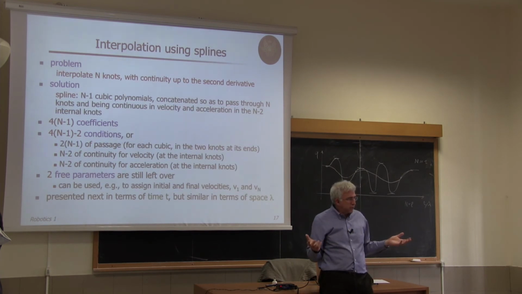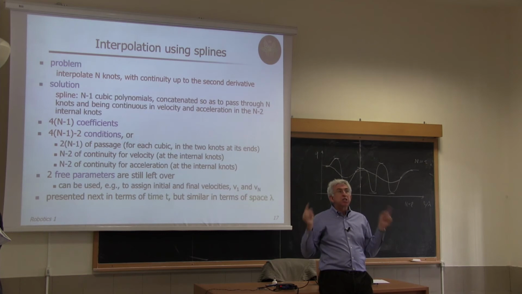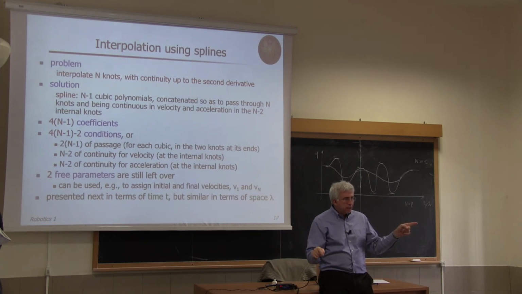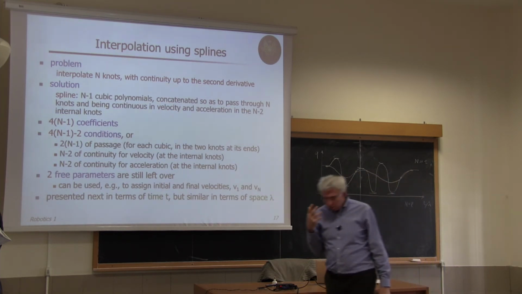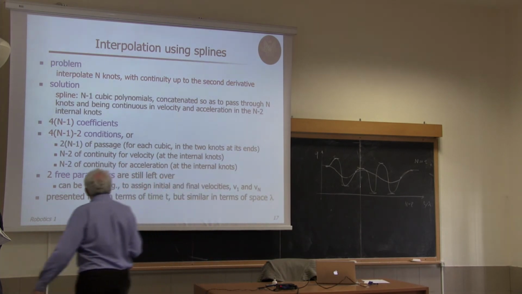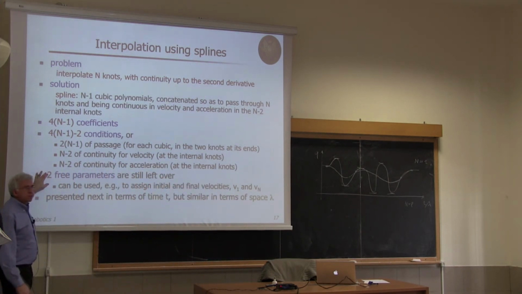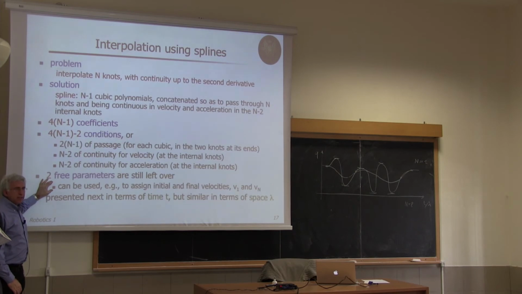So the 2 extra conditions are not specifying a value for the velocity in 1 and velocity in n, not even saying that this value is the same, but just imposing continuity of velocity and continuity of acceleration. So 2 more conditions, and you square the system again. This is just to show you that you can play around, and these 2 free parameters are typically used like this, but in the case of cyclic tasks, there are other choices that may be convenient.